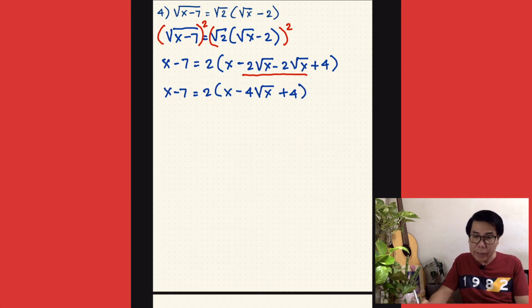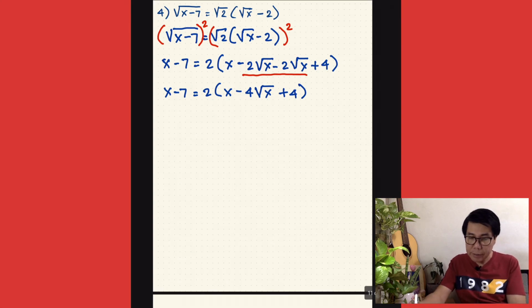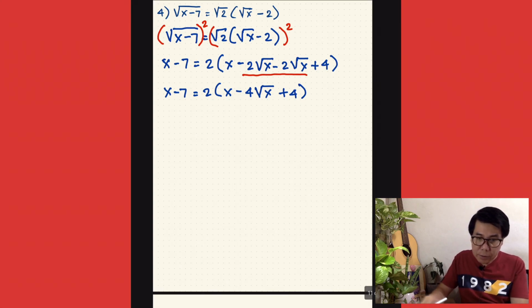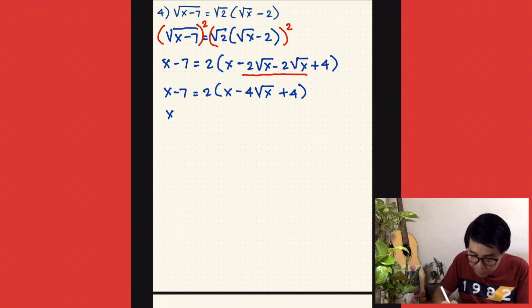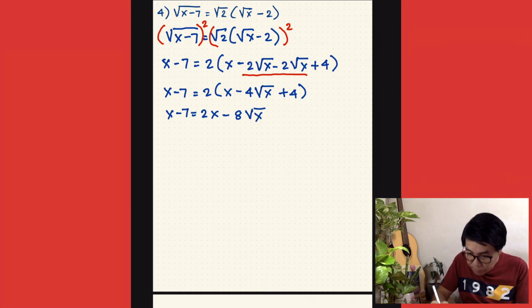Then we have to distribute now. We multiply the numbers inside the brackets by 2 on the right side. So x minus 7 equals 2 times x is 2x, 2 times negative 4 square root of x is negative 8 square root of x, and 2 times positive 4 is positive 8.